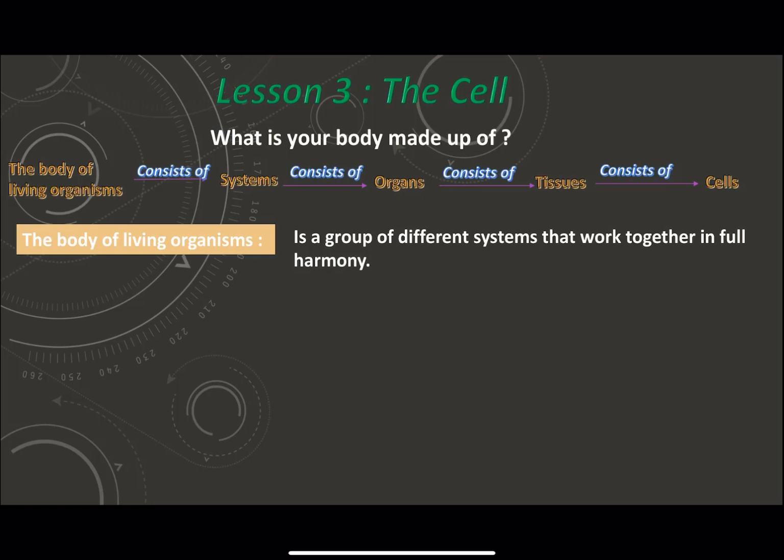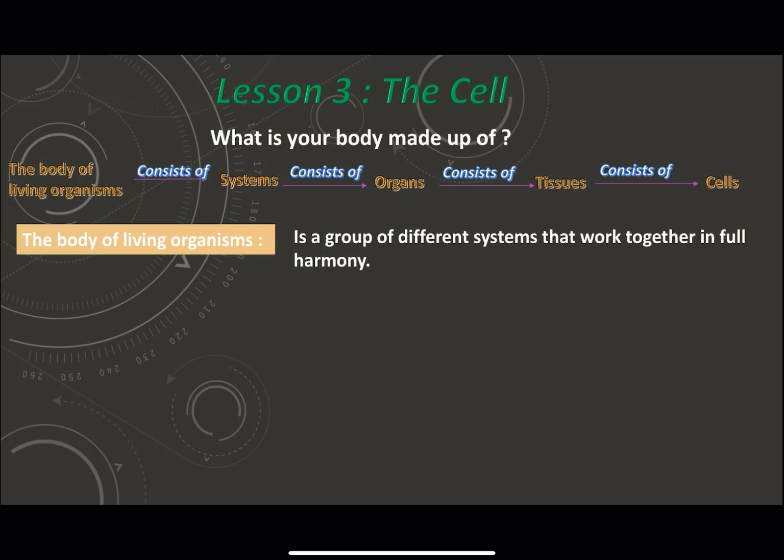Give a reason. The answer will be to keep it alive. If this body is a human body, the answer will be to keep the human body alive. I hope you got it.